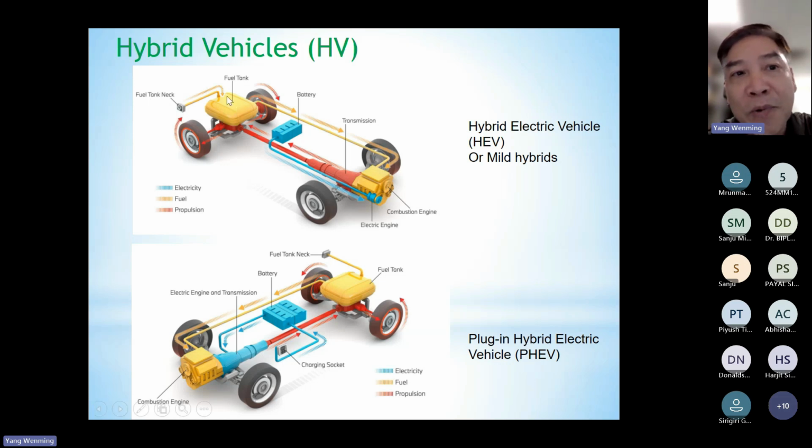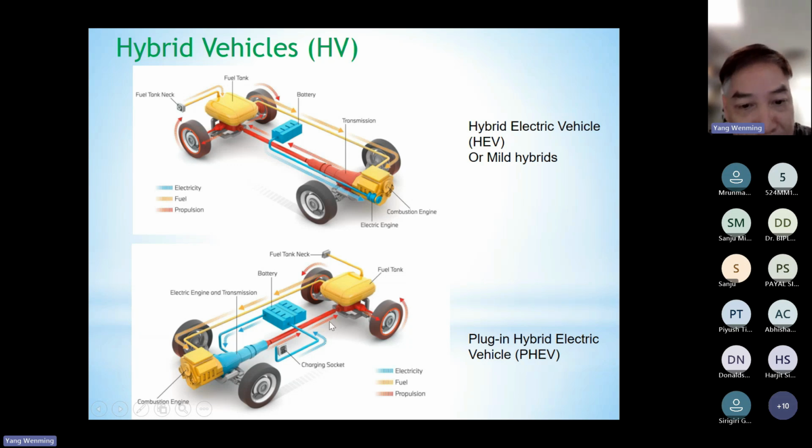So we have only the fuel tank, and there's no recharging plug, right? There's no circuit to recharge the battery system. Instead, the battery system is recharged by the engine.